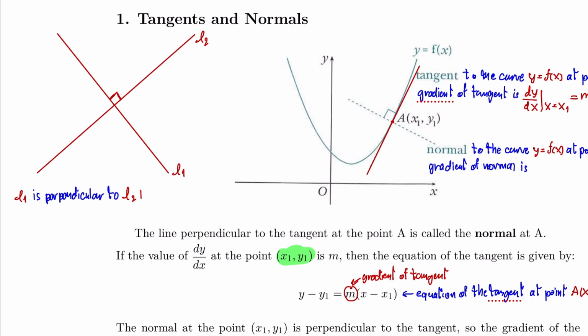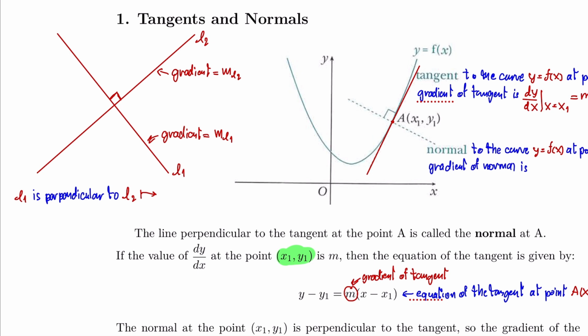Suppose the gradient of L1 is m subscript L1 and the gradient of L2 is m subscript L2.